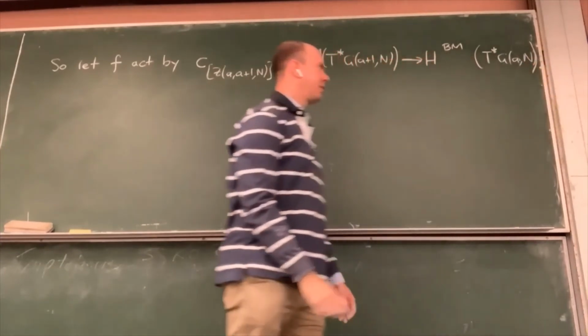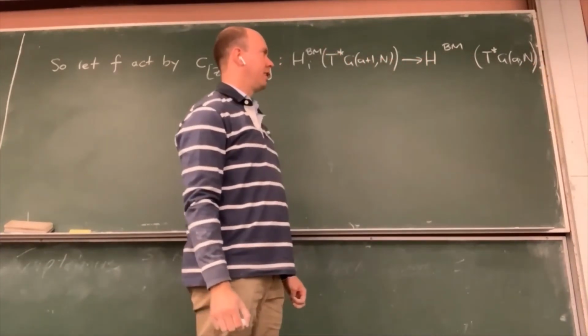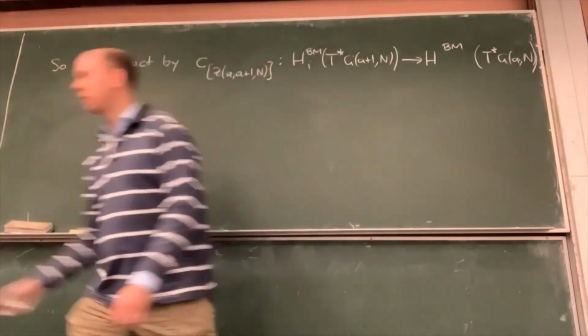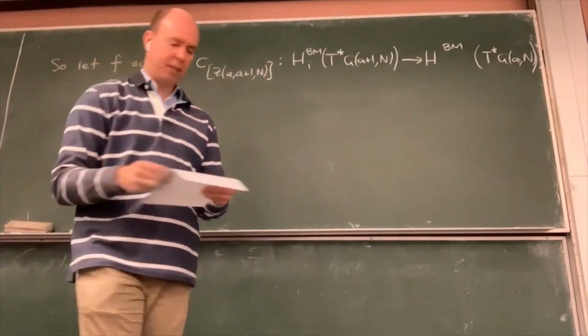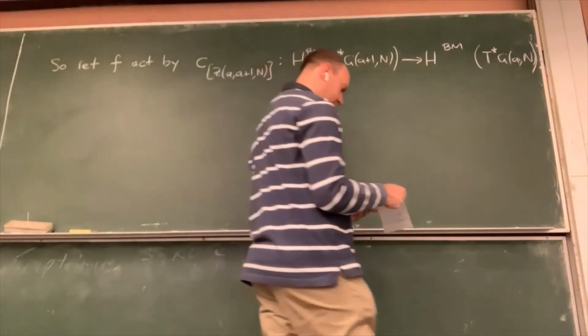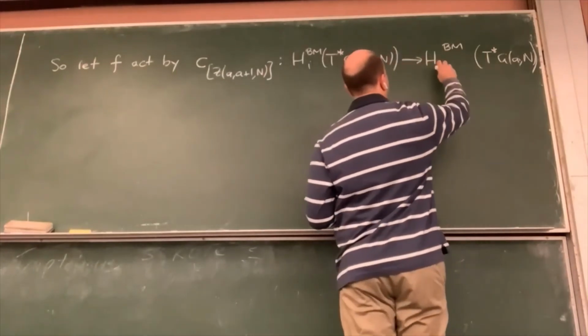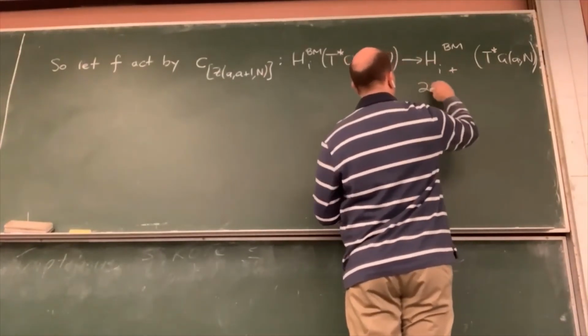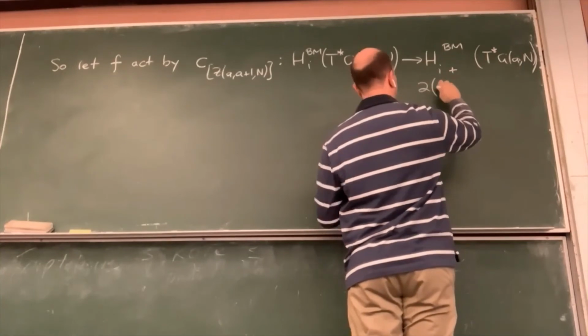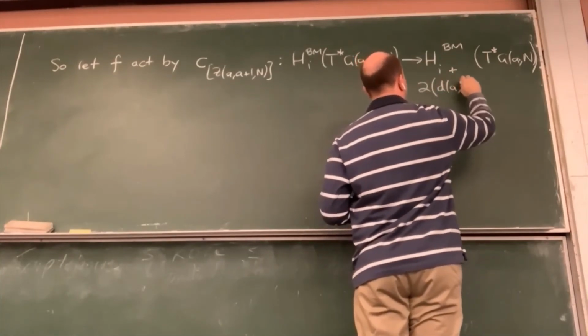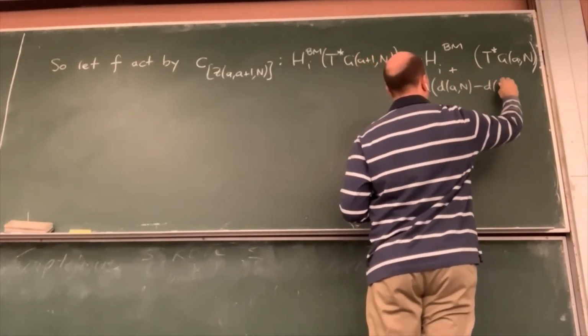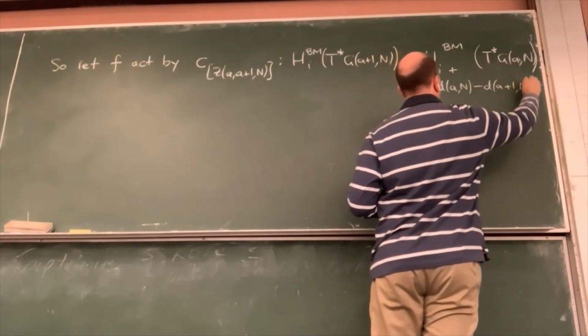So if you plug in the dimensions that I've written down in the general definitions, you get the answer, which I can't again remember. It's i plus 2 times the difference, 2 times d A, n minus d A plus 1, n.